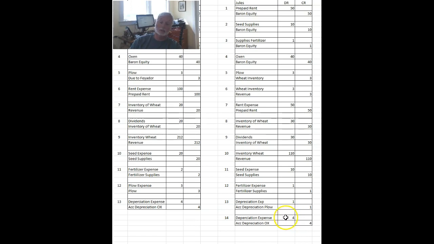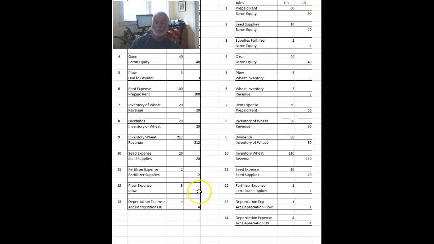He has received an ox costing 40 bushels of wheat, and he's returned an ox now 1 year older, so it only has 9 years left. So once again, we've spread that 4 bushels of wheat per year, which is how much the ox is depreciating. So we've adjusted that. Those are the transactions, and the ones for Pierre are the same or similar.